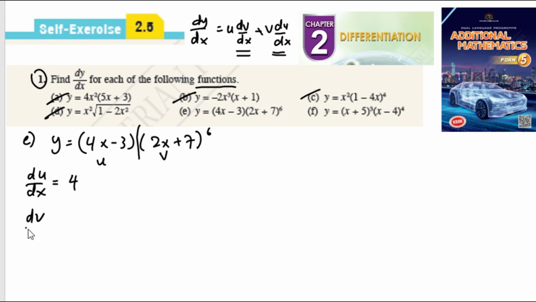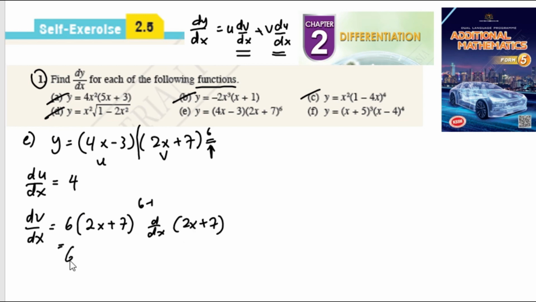Now dv over dx, when we differentiate this one, we bring the power to the front, so we have 6 here, and then 2x plus 7, we don't touch the bracket because we will differentiate it later. After we bring the power, we need to minus the power by 1, so 6 minus 1. And then we differentiate what is inside, 2x plus 7.